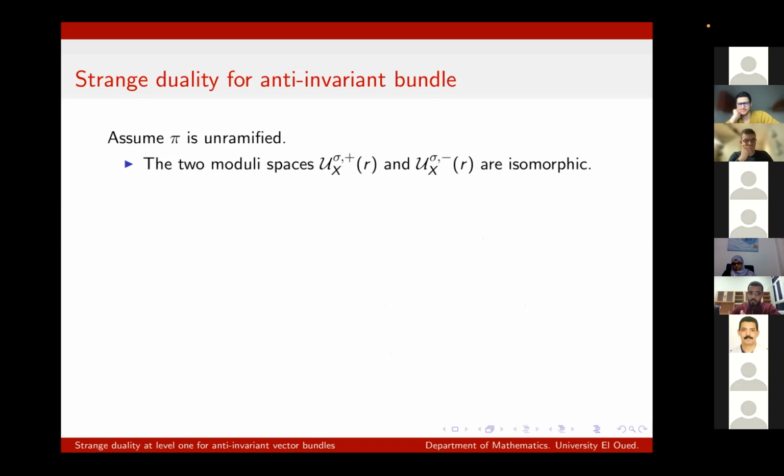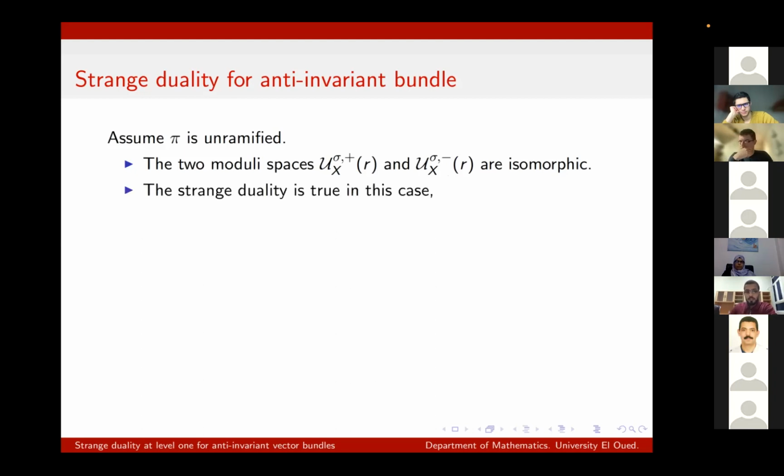Actually we have these results. It remains just one subtle case which is still resistant, but the other cases are already done. So in the unramified case, everything goes very well, and these moduli spaces are isomorphic. Actually, they are isomorphic not canonically, but there exists some isomorphism which depends on some choice of special line bundles.